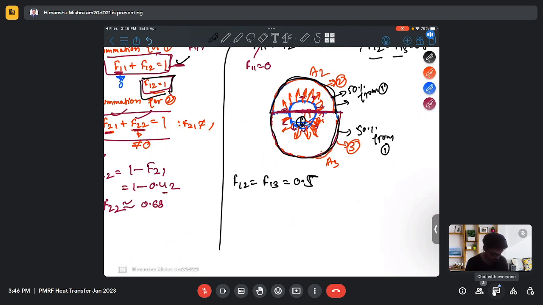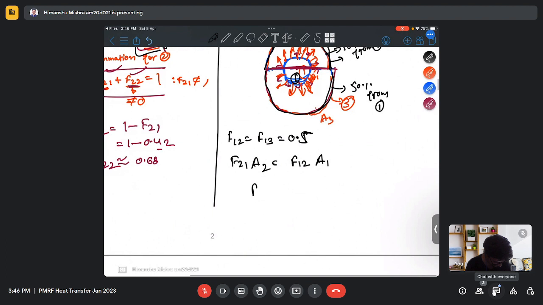0.5. Now we need to find F21, and we will use the reciprocal theorem. So my F12 is 0.5.